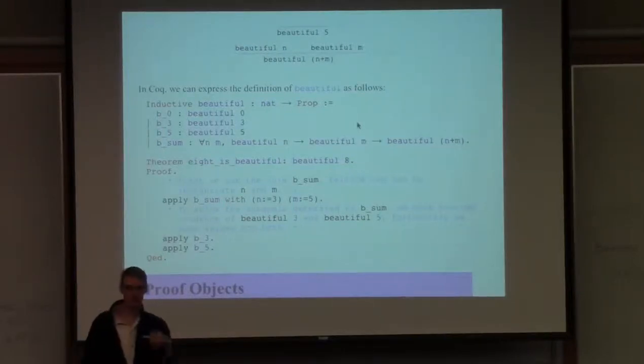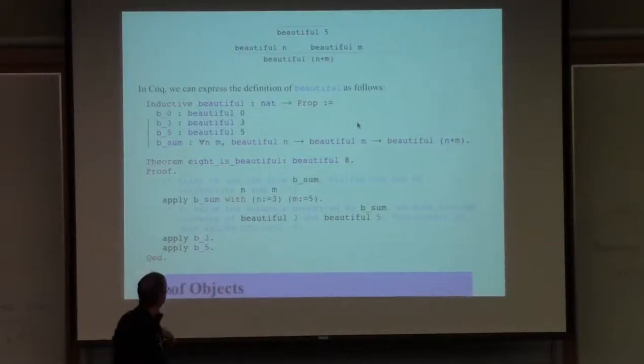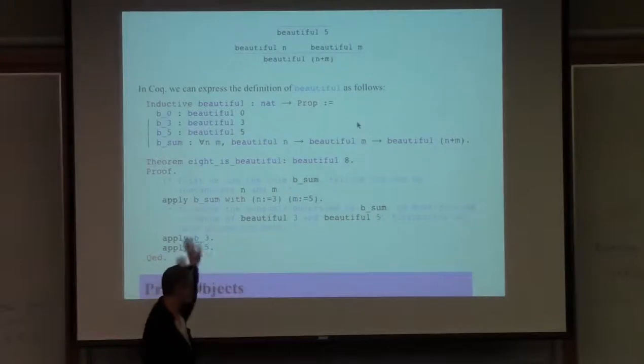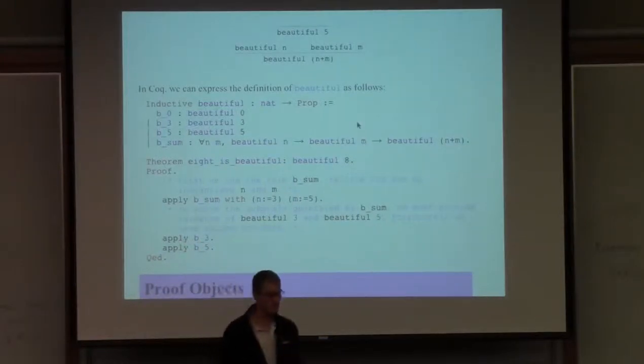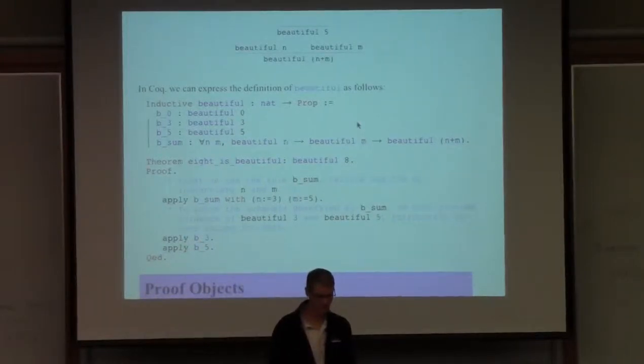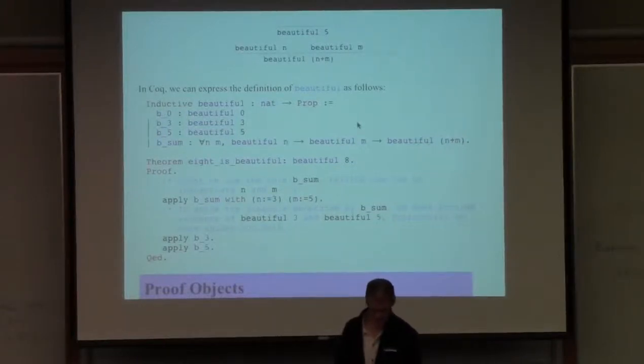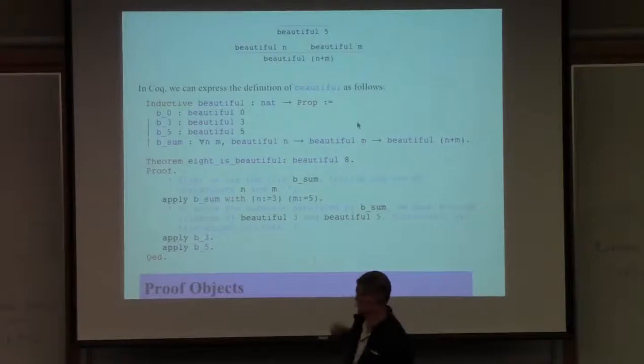It is only a conclusion. It's not a hypothetical thing. So the conclusion is beautiful 3. What we need is beautiful 3. Done. Okay, so we can use apply and other tactics, perhaps, with these inductively defined propositions.